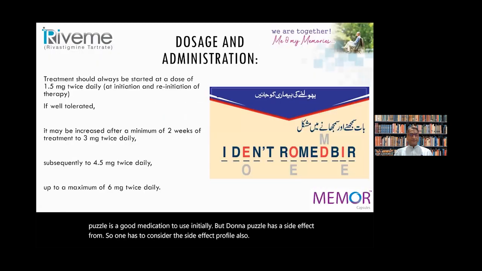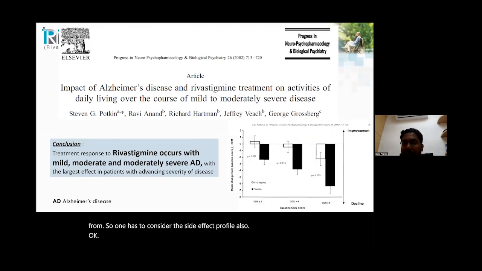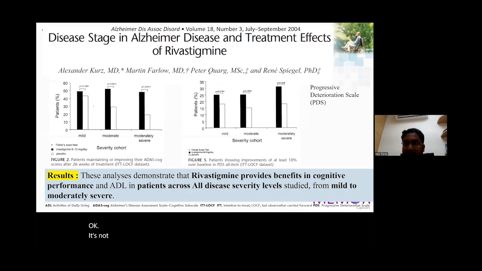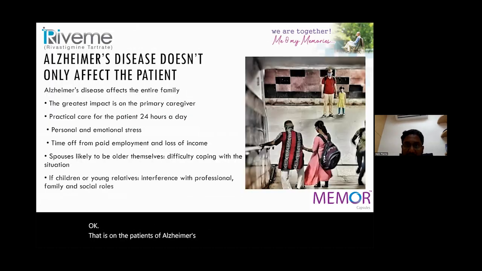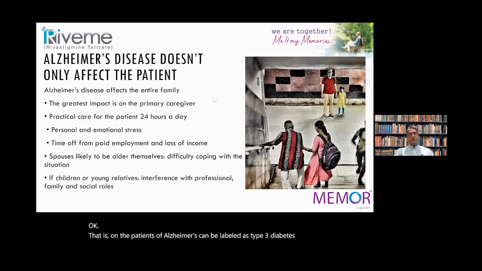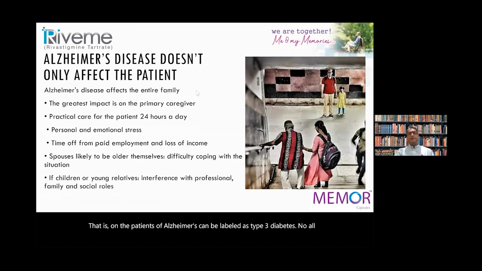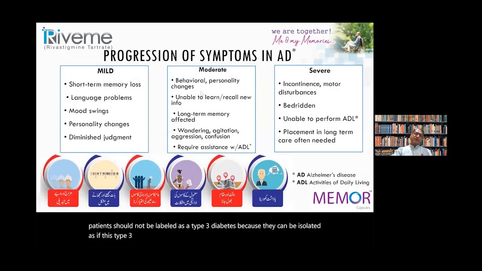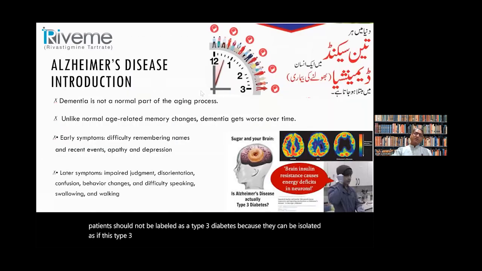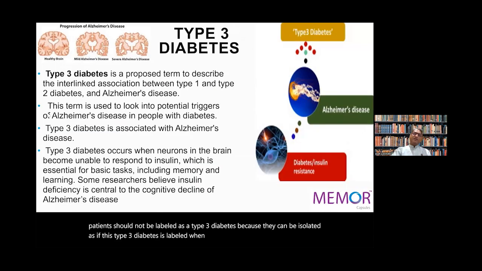Okay. We also have a question from Aghajan Muhammad: can all patients of Alzheimer's be labeled as type 3 diabetes? No, all patients should not be labeled as type 3 diabetes. Type 3 diabetes is labeled when somebody has diabetes along with Alzheimer's disease.